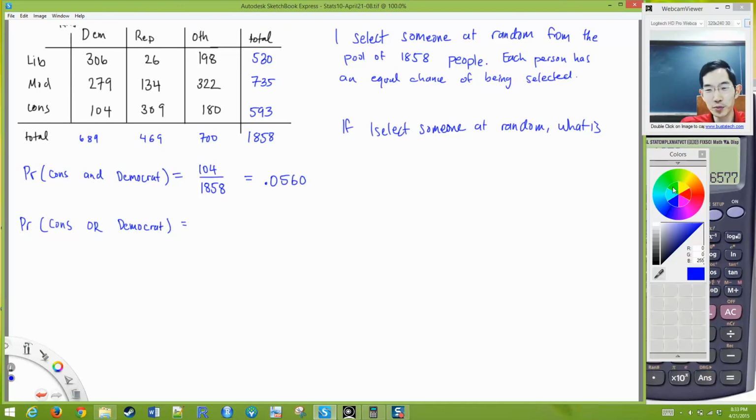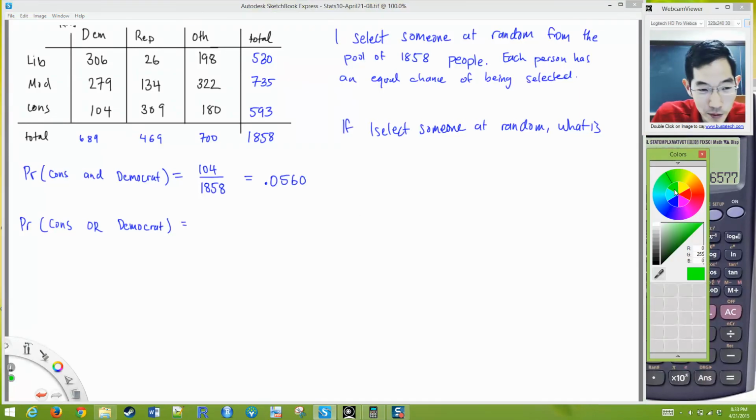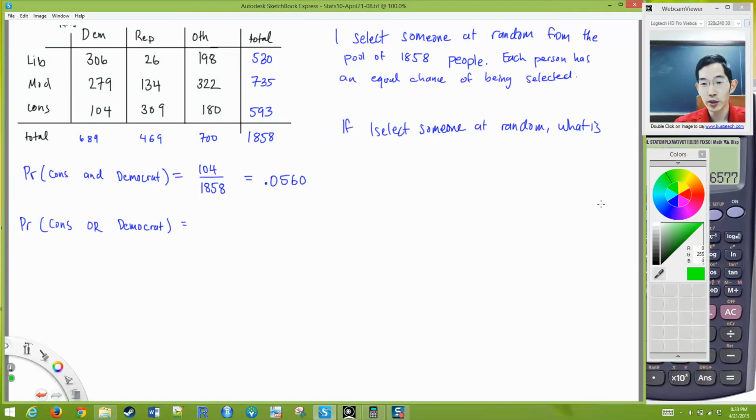Before we get too many crazy answers here, let's talk about who counts as conservative or Democrat. Do these 306 people count as either conservative or Democrat? Yes, because they're Democrats. They're liberal and Democrats. They count as being conservative or Democrat, okay?